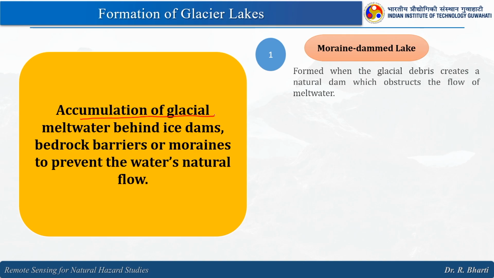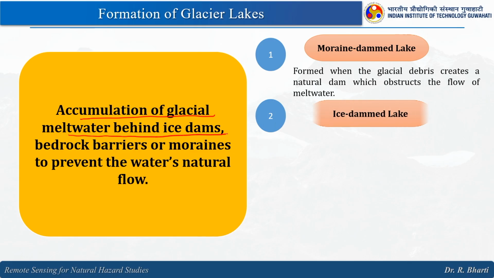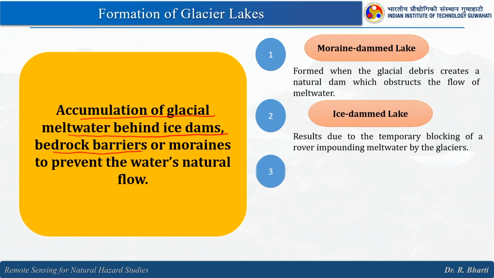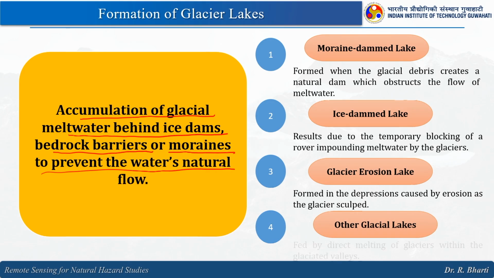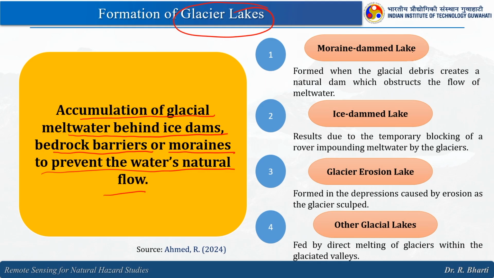So, accumulation of glacier meltwater behind ice dams, bedrock barriers or moraines that prevent the water's natural flow, this is what we are calling glacial lakes. So, moraine dam lakes are formed when glacier debris creates a natural dam which obstructs the flow of meltwater, and then there will be a formation of glacial lake.